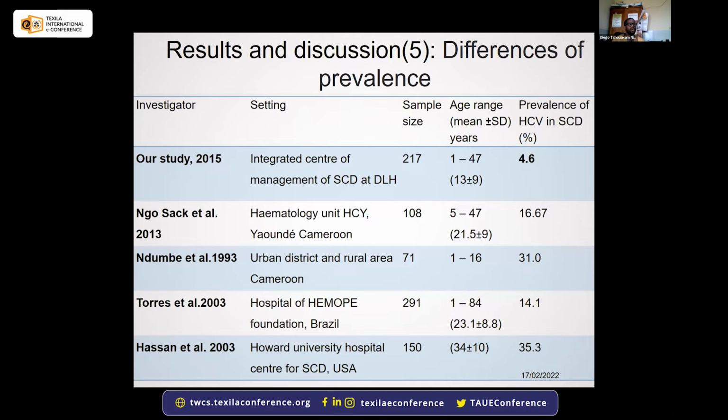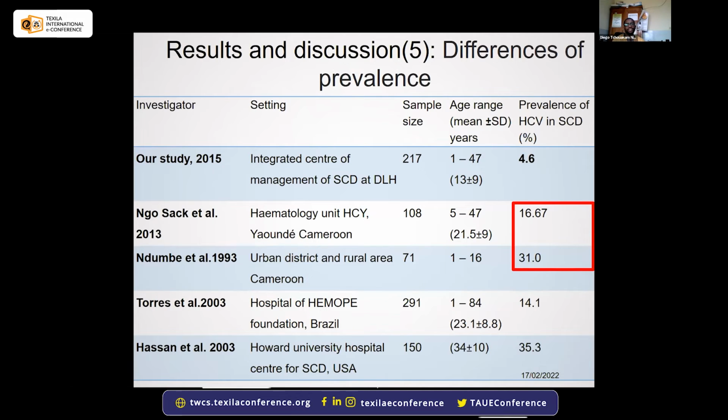But the prevalence was less than in other studies, particularly studies done in Cameroon, like that done by Ngosak et al. in 2013, who had a 16% prevalence, and Dumbe et al., who had a 31% prevalence.